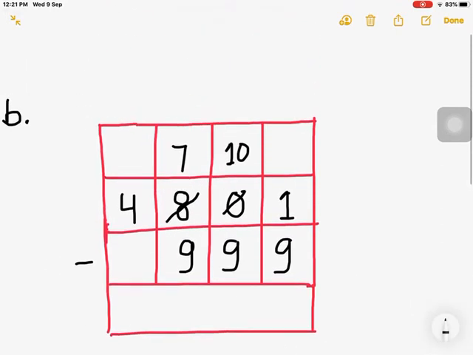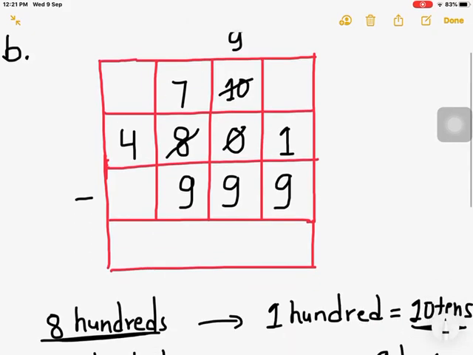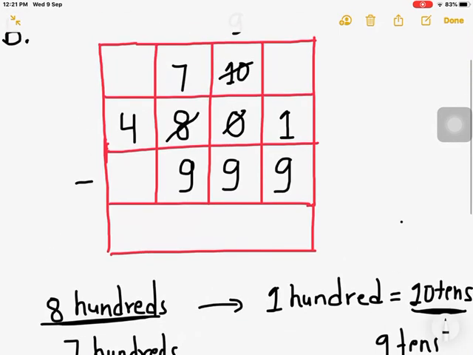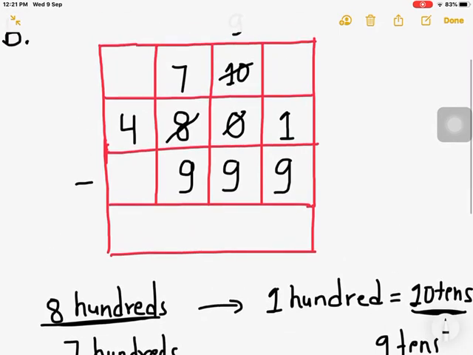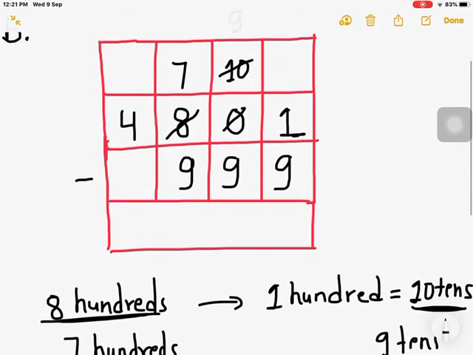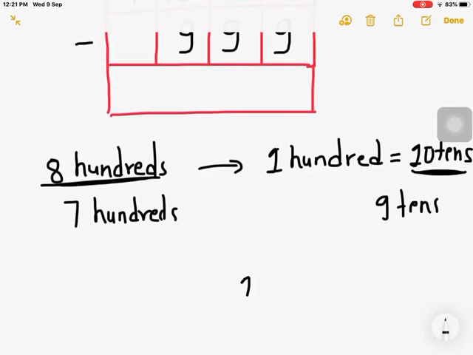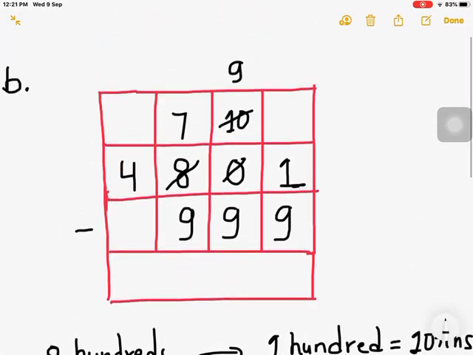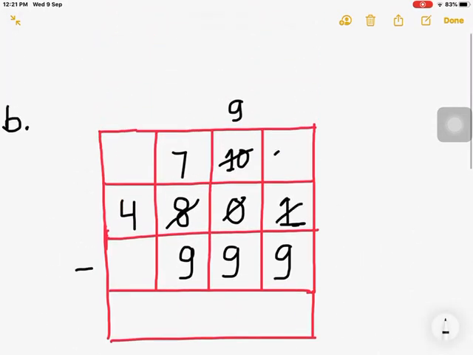Understood? So it is 9 tens because it gave 1 ten to the ones column. We have 1 here, so 10 plus 1 is 11. So in place of 1, here is 11.